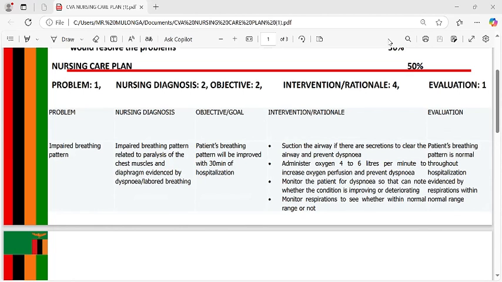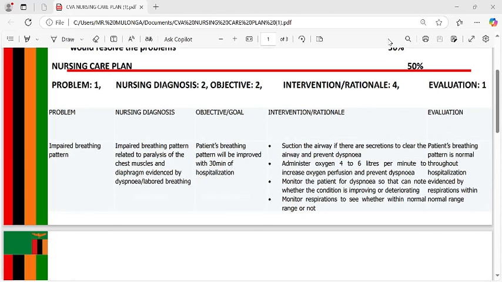Then we move to the nursing diagnosis. Remember, the nursing diagnosis for the actual problem has 3 parts. The first is the problem itself, the second is related to, and the other part is evidenced by. So our nursing diagnosis will be impaired breathing pattern related to paralysis of the chest muscles and diaphragm, evidenced by dyspnea or labored breathing.